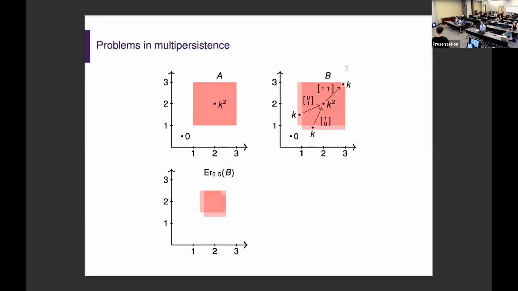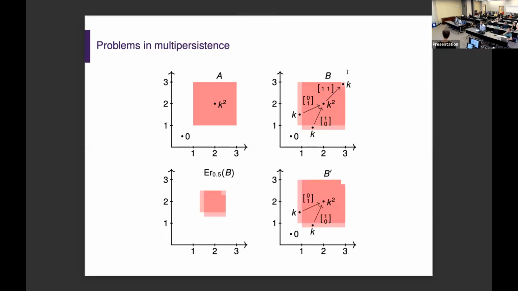But we could try to refine this idea a bit, and instead of eroding directly, we could pick some selective erosion. So instead of eroding all of B, I'm just removing this upper right square here and not eroding anywhere else. And that gives me a module B prime, where I've deleted this upper right square.